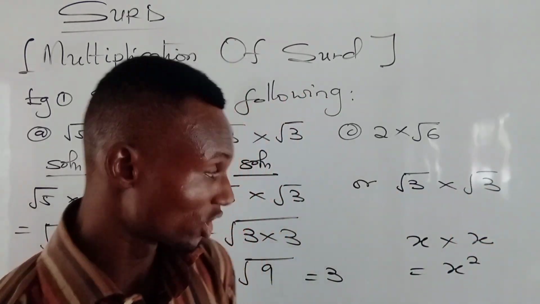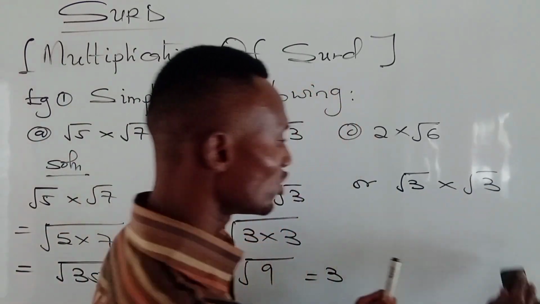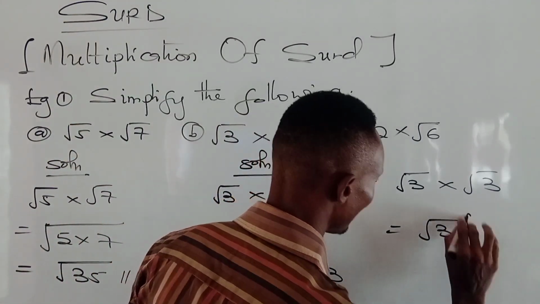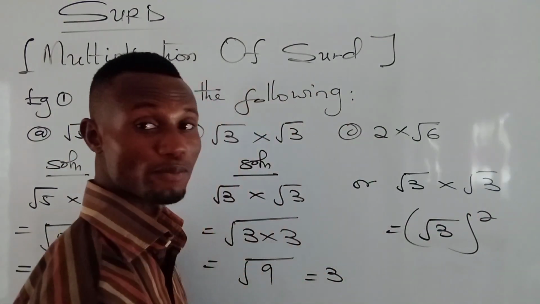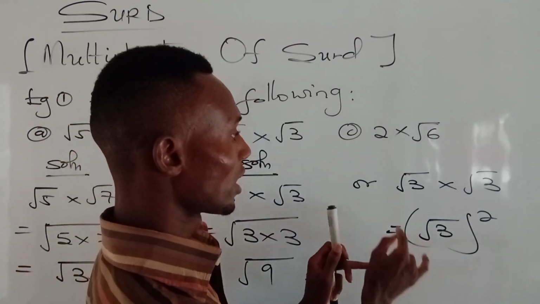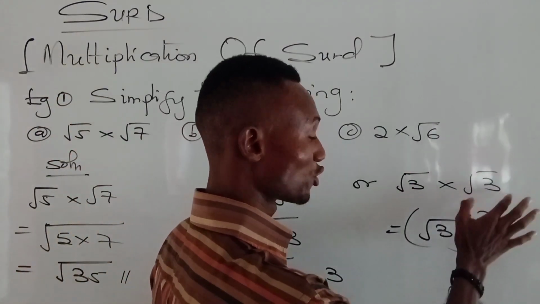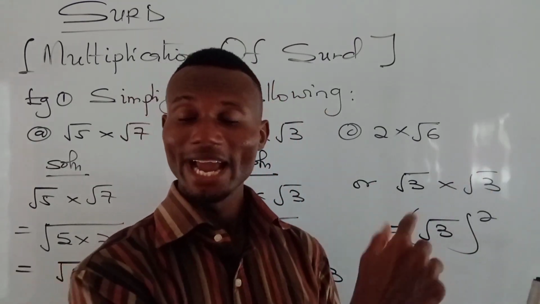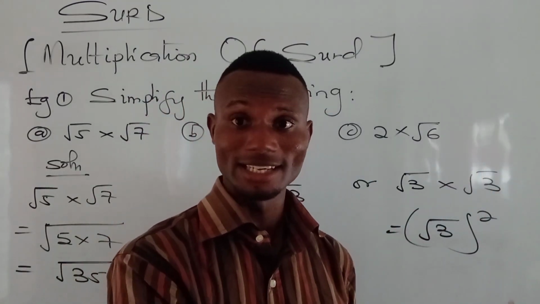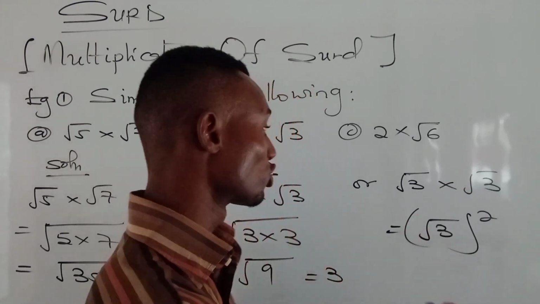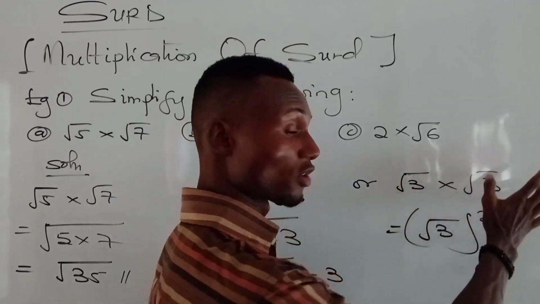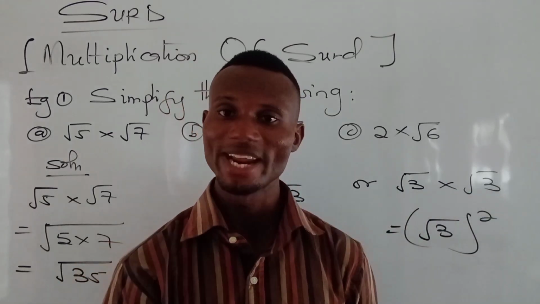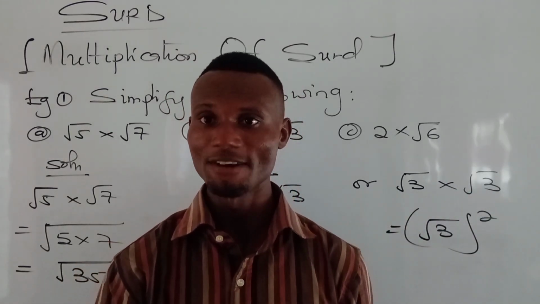I hope you agree with me up to this point. Because this is root 3 times root 3, it's going to be square root of 3 all squared, just like when we have s times s, it gives s squared. I hope the explanation is clear enough up to this point.